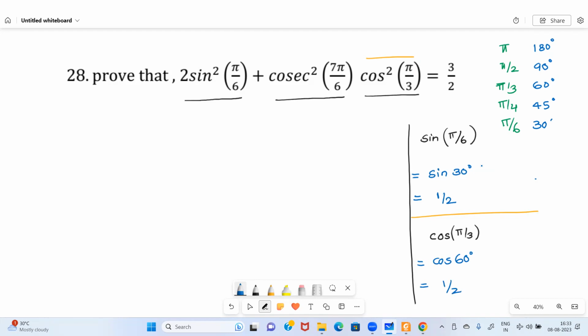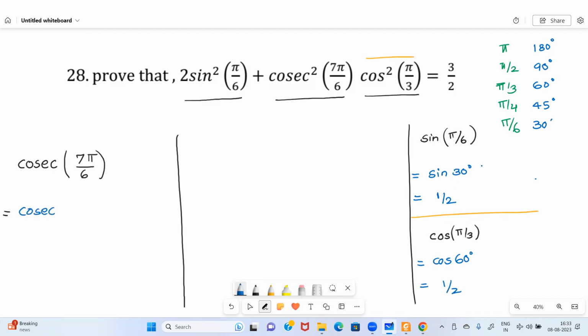Correct, students? All right. Now, one angle where you may have to do a little bit of work is cosecant of 7 pi by 6, right? So we are dealing with an angle which is cosecant of 7 pi by 6. Or if you want to convert it into degrees, if you're comfortable doing that, then I will recommend you to convert that.